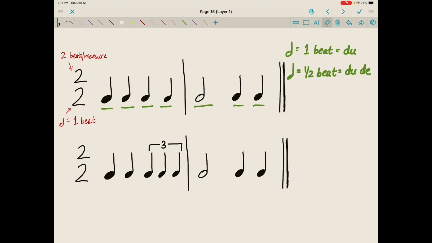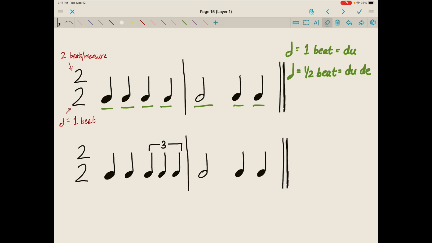So remember that in simple meters, the beat naturally divides into 2 equal parts, but that a composer can get around that restriction by using tuplets. In this case, a triplet, where instead of the beat naturally dividing into 2 equal parts, the beat is divided into 3 equal parts.